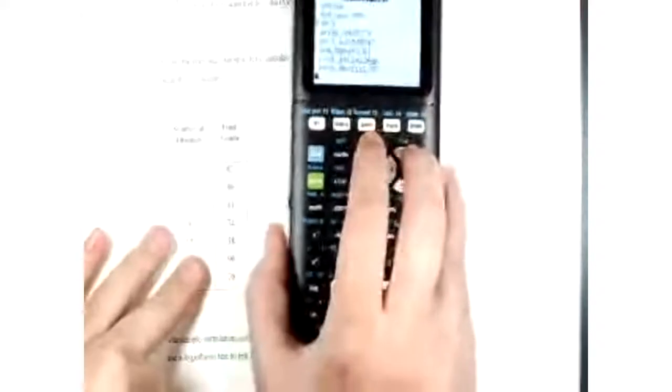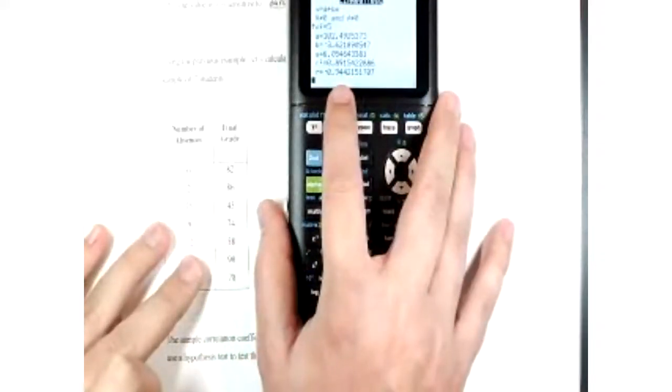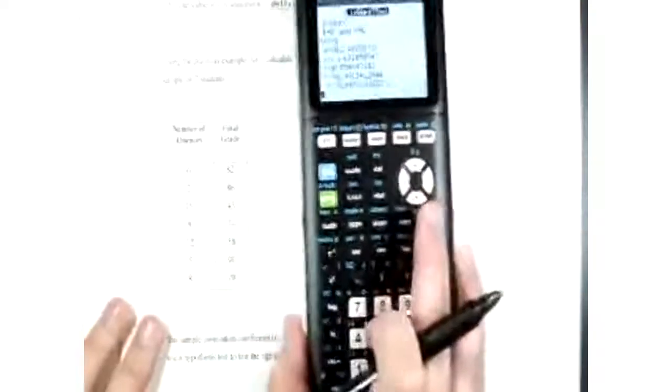Yep, it is. Okay. So then if you scroll down, it'll tell you what the value of R is. So R in this case is negative 0.944. Since it is strongly negative, we have R equal to negative 0.944.